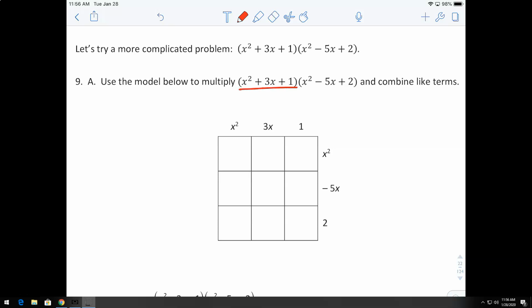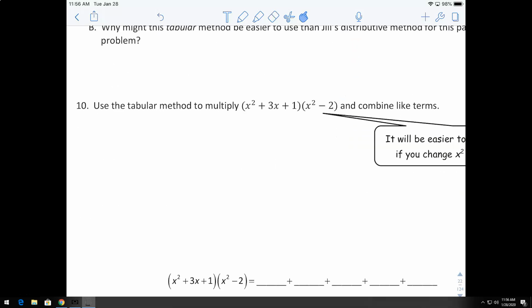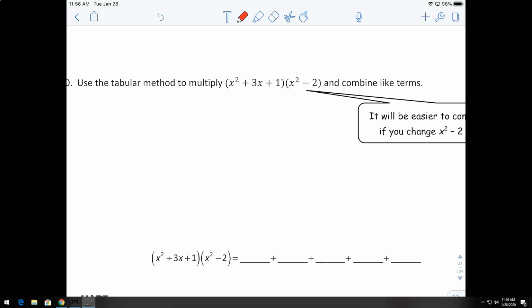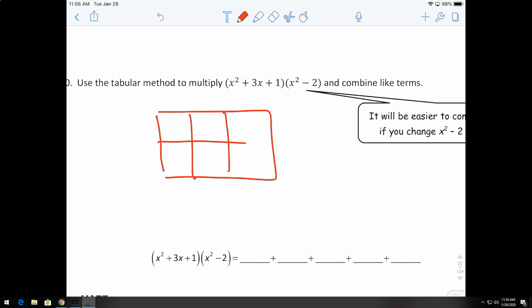So then I need you to see that this is a 3 by 3. And they fill in, and you can do that, and you'll get to a final answer. And then this one will make a 3 by 2 box, and you can fill in and get an answer.